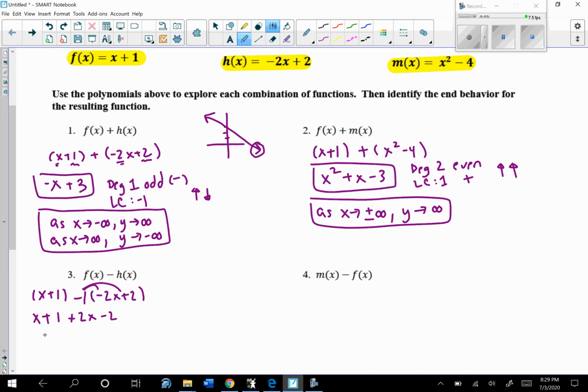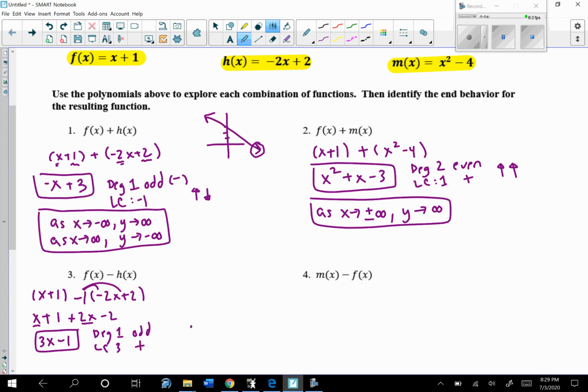Then add your like terms. This gives us 3x because of the x plus the 2x, and then 1 minus 2 is minus 1. The degree of this is the lead term, which is degree 1, so that's odd. And the leading coefficient is 3, which is positive.